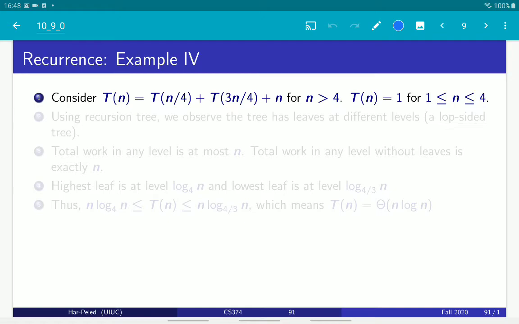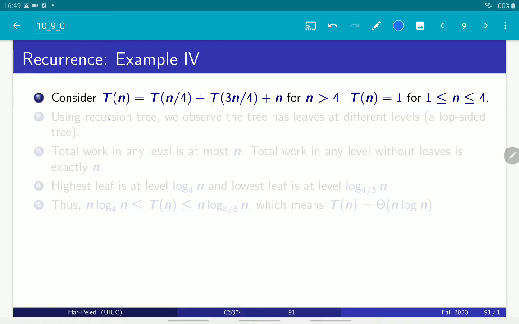What happens if we run Quicksort, but somehow we always get somewhat unlucky, lopsided splits? They always recurse with subproblem sizes n over 4 and 3n over 4. So this looks a bit bad, and the question is, what is the solution to this recurrence?